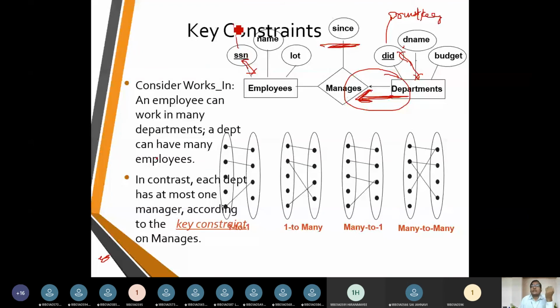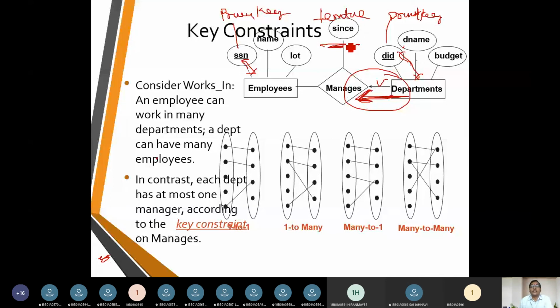But management is dependent on the department; only one is going to manage. For that we build this arrow mark, and it is mentioned with a tenure, which says how long that person has worked.